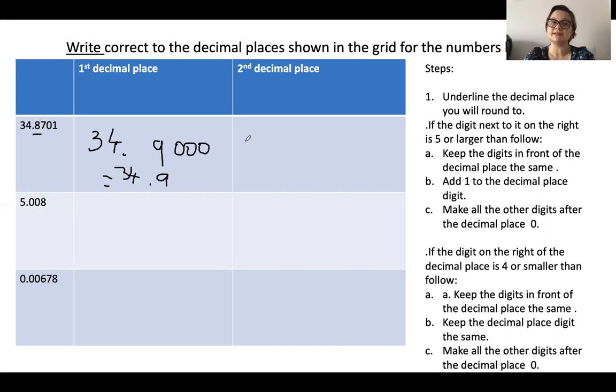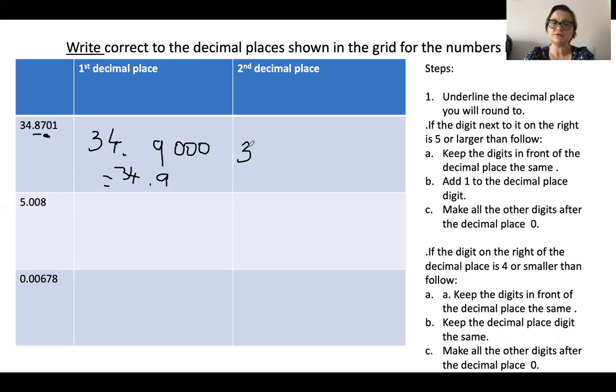Let's round to the second decimal place. The second decimal place is going to be digit 7. I'm going to put a little dot, but you can rewrite the number in your books and underline it again. Now, the digit next to it on the right-hand side is 0. So I'm going to keep 7 the same. And all the other digits in front of 7 should be written exactly as they are.